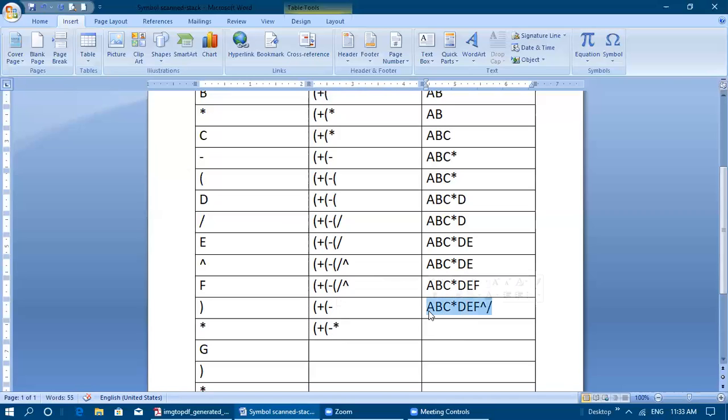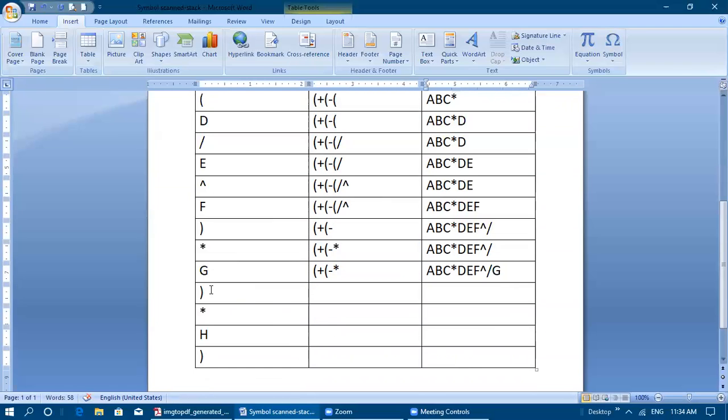Now what will be the expression? Same expression only. Next, if we read an operand, just copy the stack elements and place G after this expression. Okay, we are placing G now. Next, the element we scan from the given infix expression is the closing parenthesis, that is, the right parenthesis.